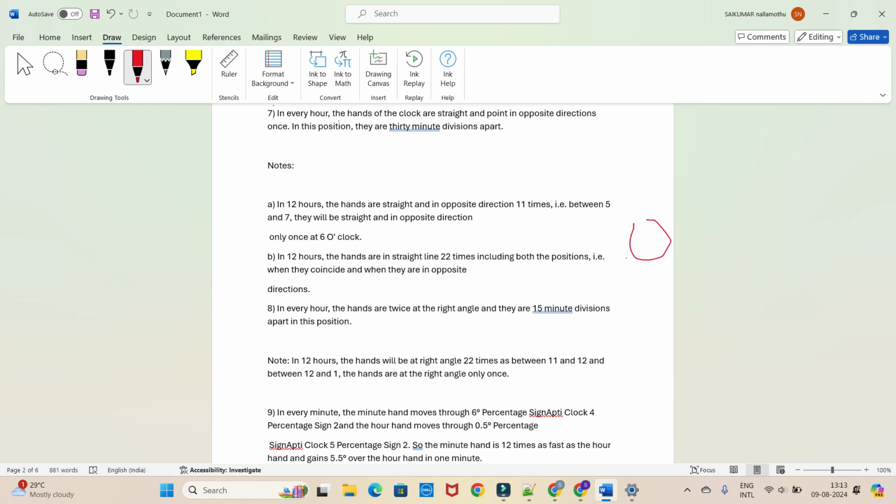See, what is a straight line? For example, this is a clock at 12 o'clock. 12 to 6, we can see a straight line, here at 6, here at 12. Like that, at 5 to 7, we can't find a straight line. So excluding those, only at the times when the hands coincide and when they are in opposite direction, that would be 22 times in 12 hours.